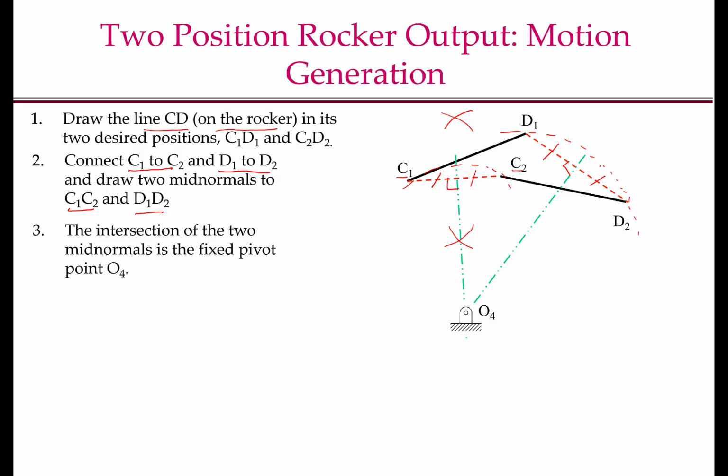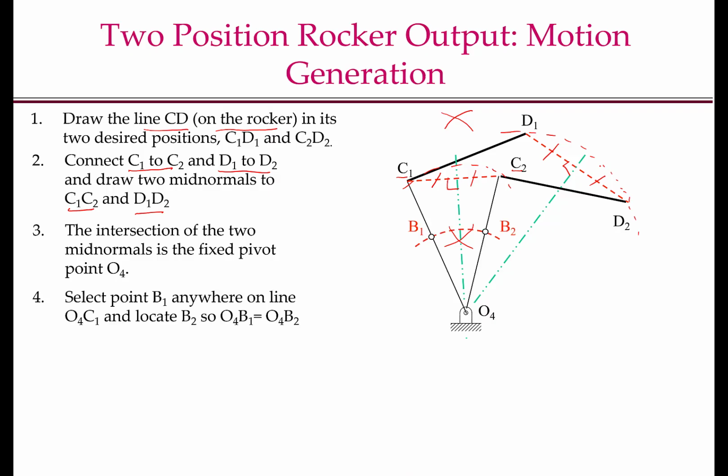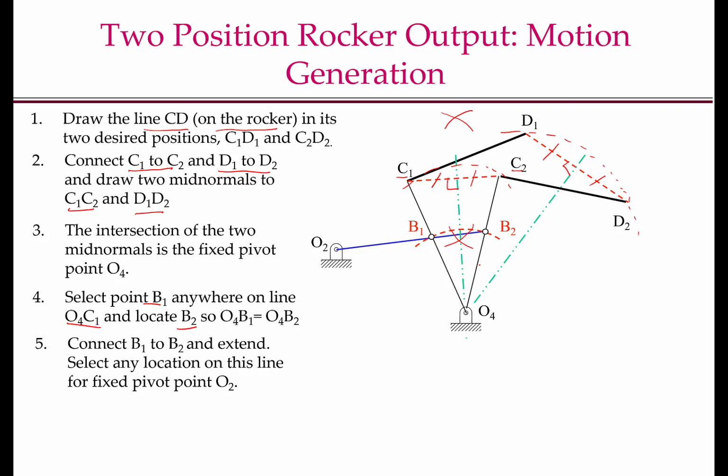Now we want to make sure that the line segment CD moves just between these two positions, C1D1 and C2D2. We will select any point B1 on the line O4C1 and locate the corresponding position B2 on the line O4C2. B is the choice of my moving pivot, and O4B1 or O4B2 will be my rocker link. We connect B1B2 and extend it. Any point on this line will be my other fixed pivot O2.